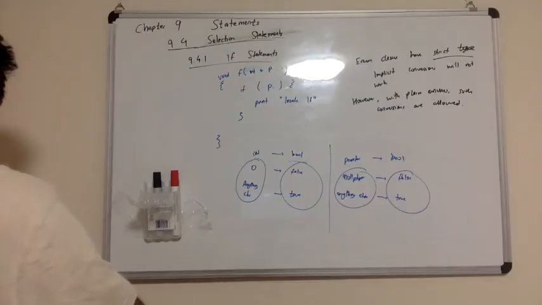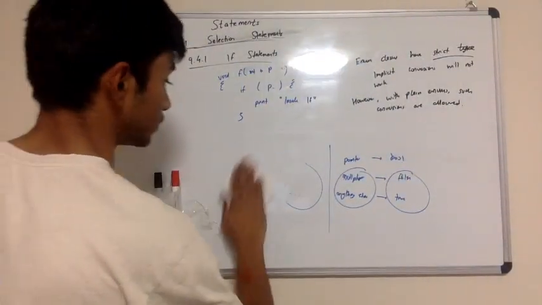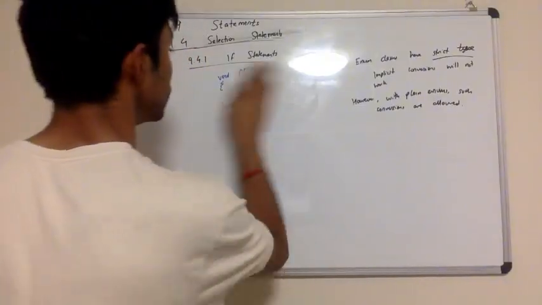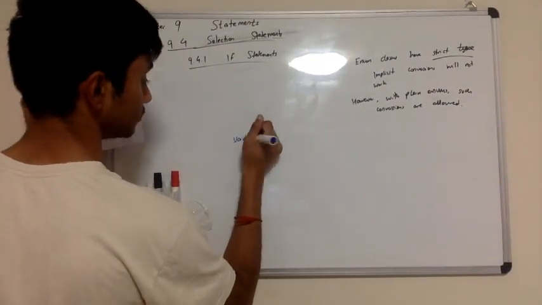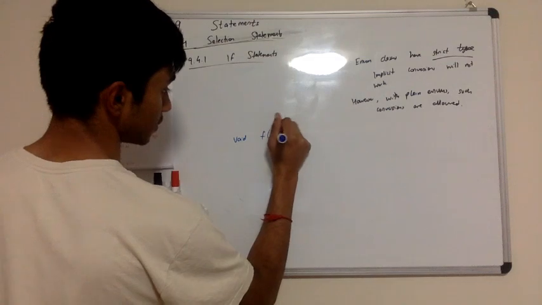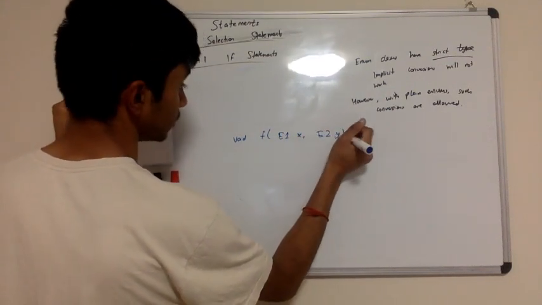So I think I have an example. Imagine you have a function f which takes in two variables, x of type E1, and y of type E2, right?